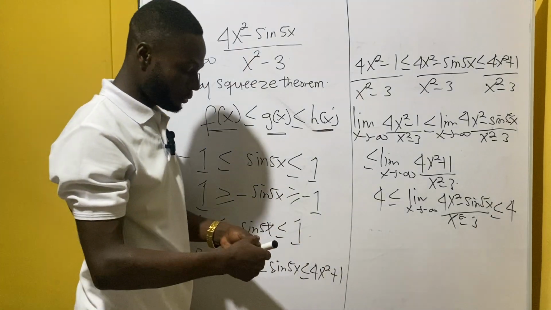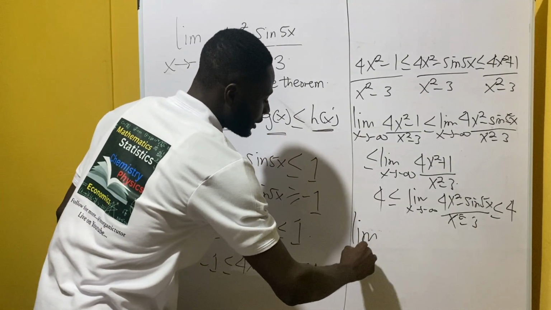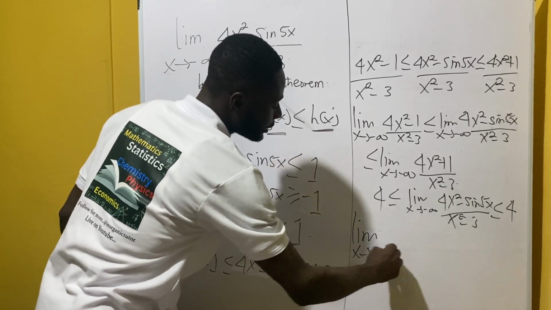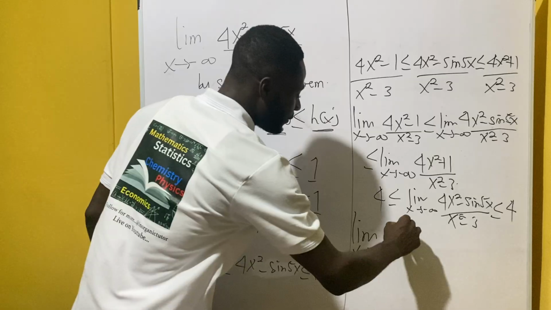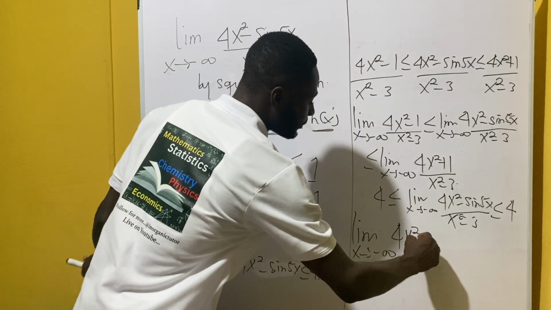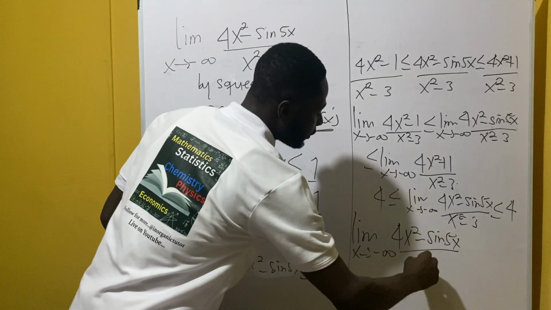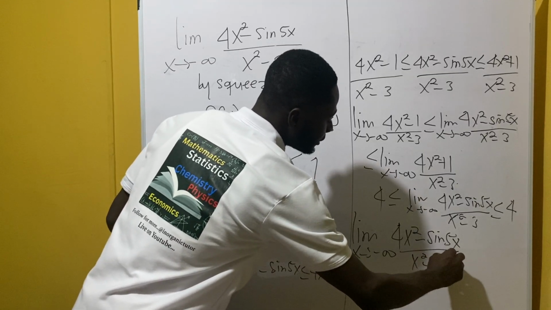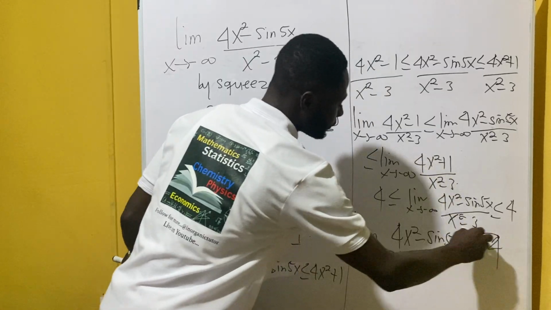Therefore, we can conclude that the limit as s approaches negative infinity of this function, 4s squared minus sine 5x all over s squared minus 3, is equal to 4.